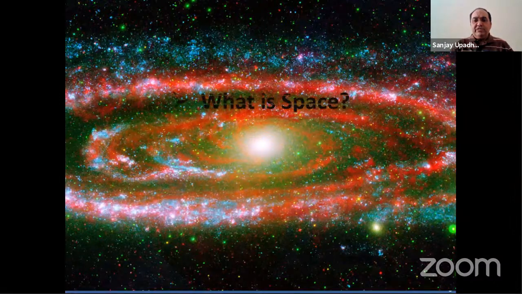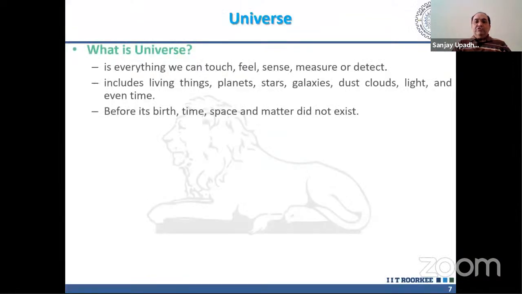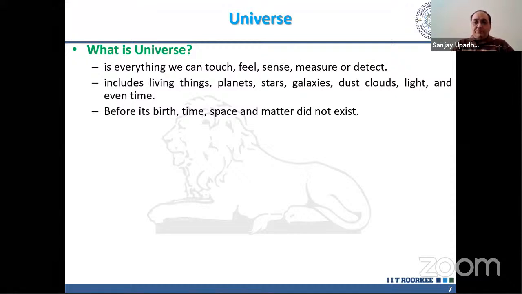So first is, what is space and what is universe? Maybe you are aware. In the universe is everything we can touch, feel, sense, measure, and detect, including living things, planets, stars, galaxies, dust clouds, lights, everything.